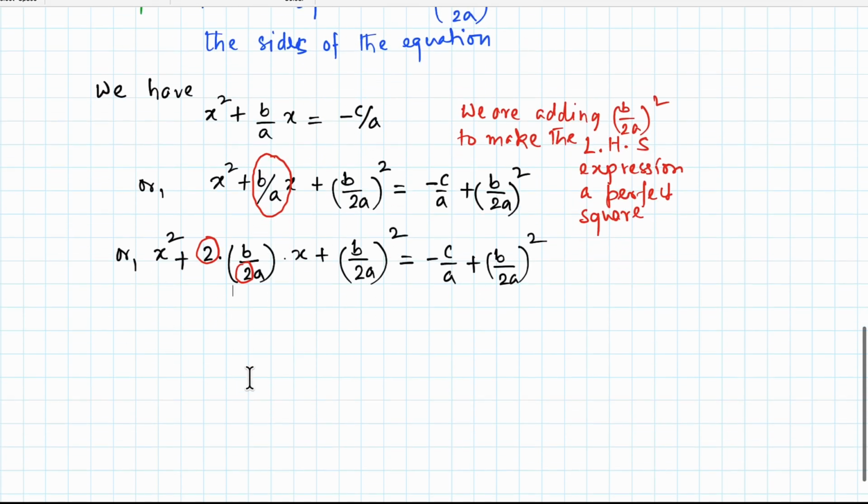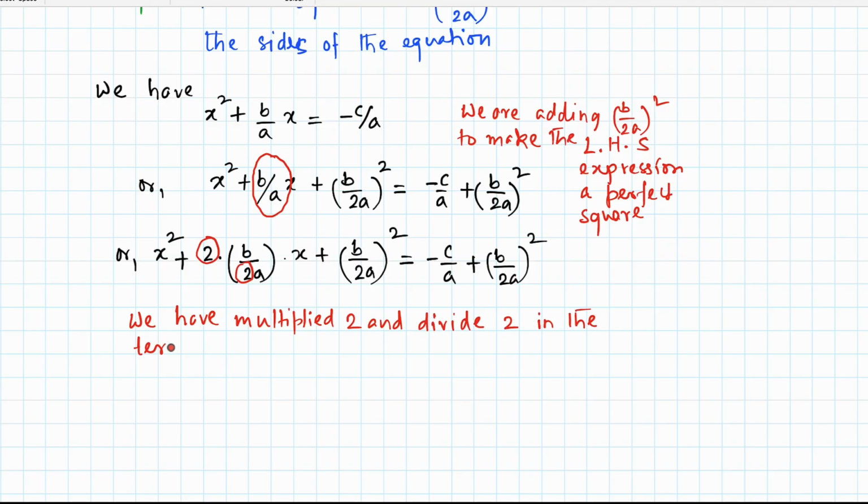Here we have put a 2 and then divided by 2 so that they cancel each other and we are left with b by a. So the equation holds good.